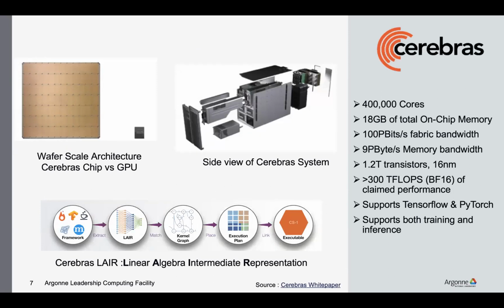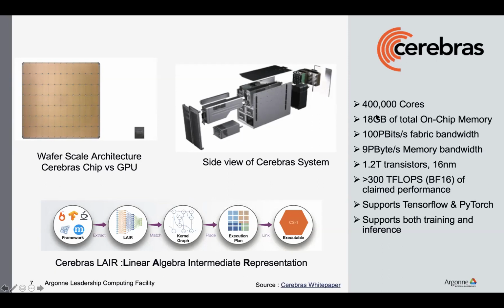The novelty about the Cerebras architecture is their wafer-scale architecture. In this diagram, the entire Cerebras chip is compared with the largest GPU out there. What they're trying to do is come up with a super huge chip, at wafer scale, and then map your program to this chip. This is how the Cerebras system unit looks, which hosts this chip.